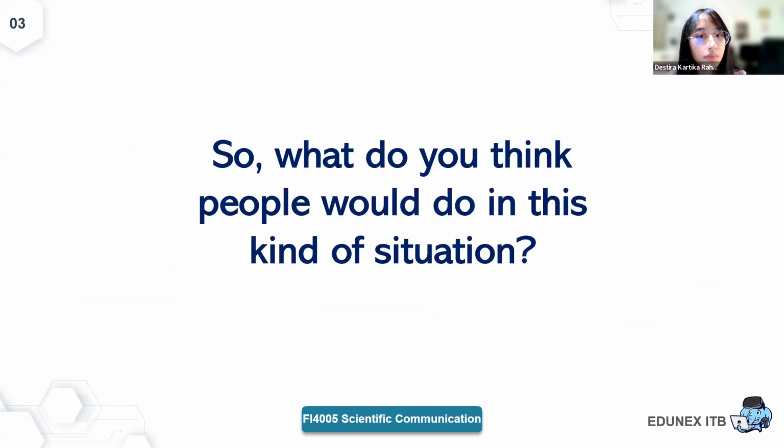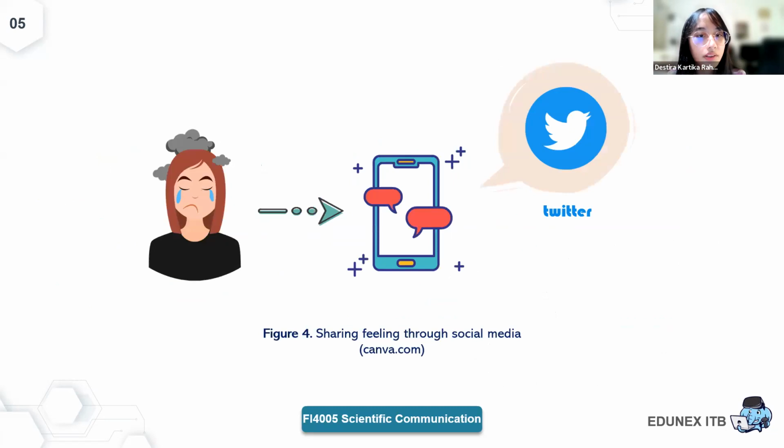So what do you think people would do in this situation? Some people try to overcome the psychological impact of the COVID-19 pandemic by simply sharing feelings with each other through social media, for example on Twitter. Twitter has become a social network used by millions of people as a medium to access and share information in real time.